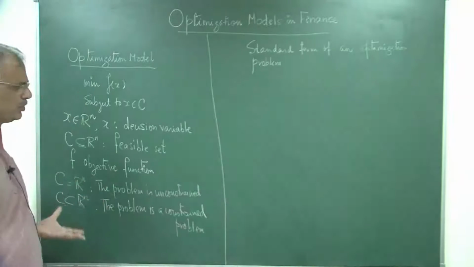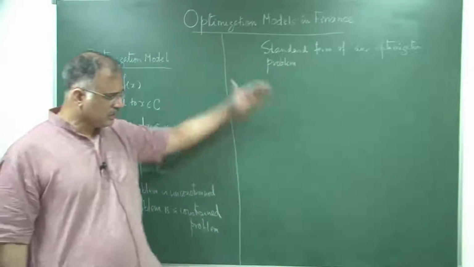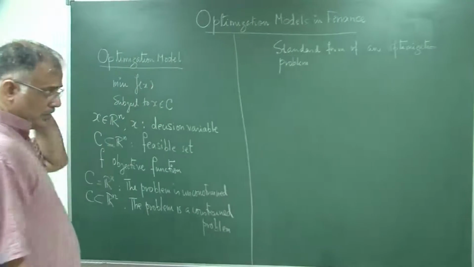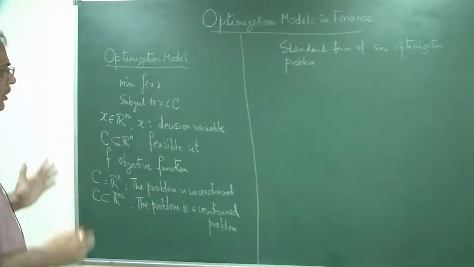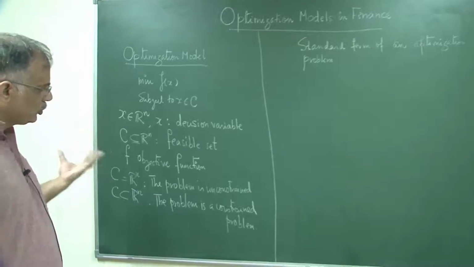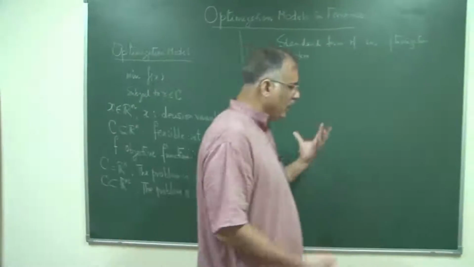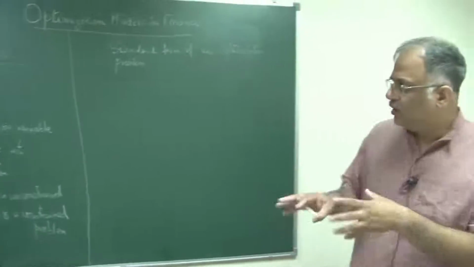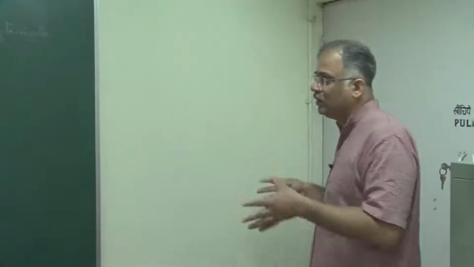Our aim today is, after we discuss the standard form, to tell you about some important classes of optimization problems and show 2 examples from finance of how we can actually model the thing using optimization.